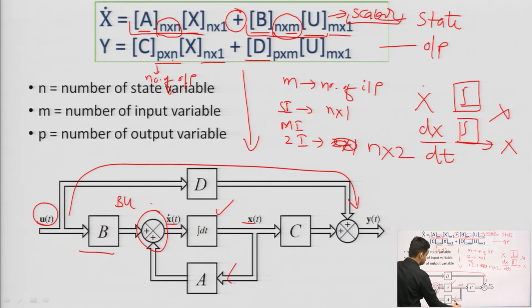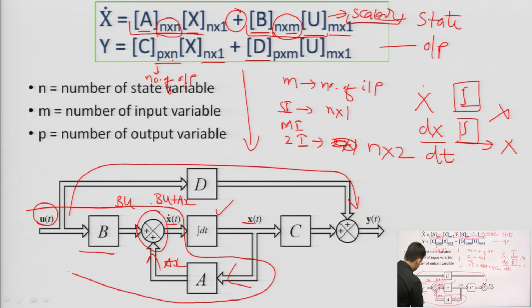If I use A in the feedback and provide it as input to the summer, I get x dot equal to B u plus A x. In this way I can model my state equation.